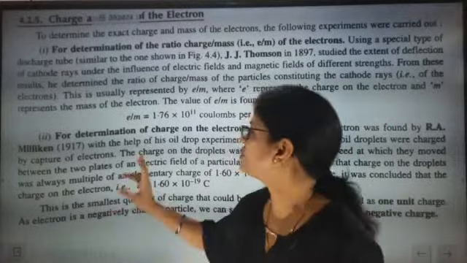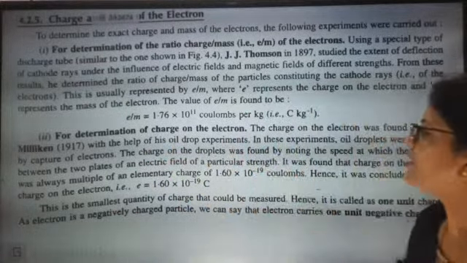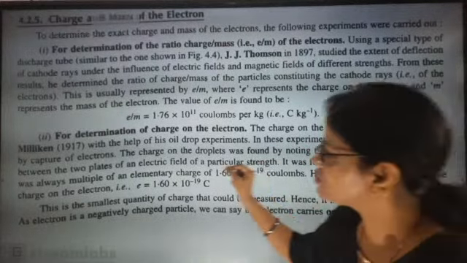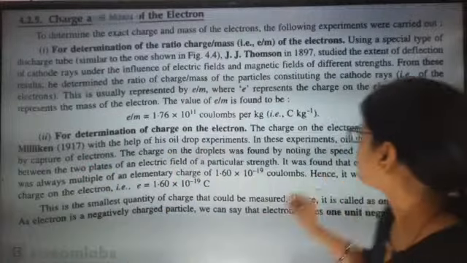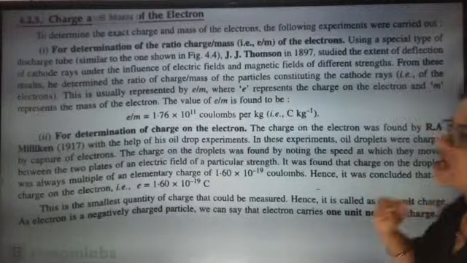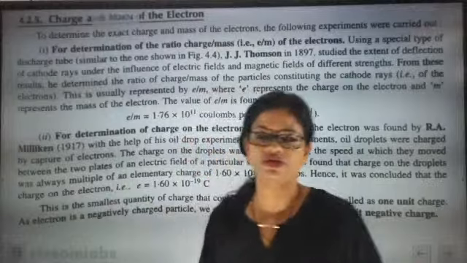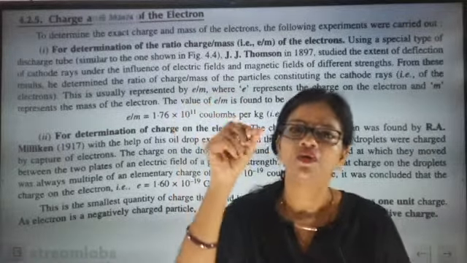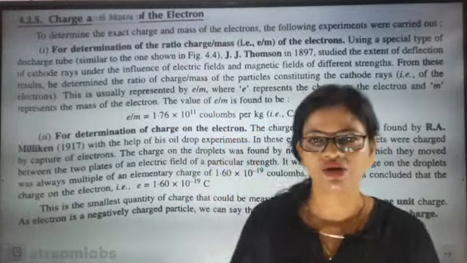Let's see. In his oil drop experiment, the oil droplets were charged by capture of electrons. So he charged the oil droplets, which then carried electrons.